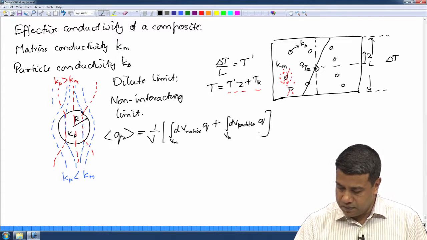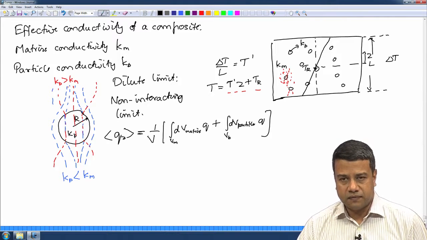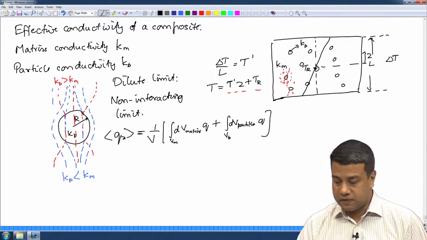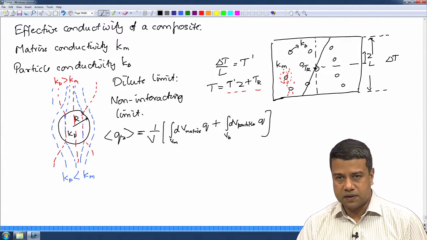So, I take the total flux as the volume average, 1 over the total volume, times an integral over the matrix of the flux within the matrix, plus an integral over the particles of the flux within the particles.